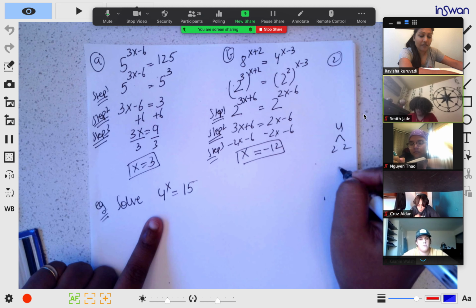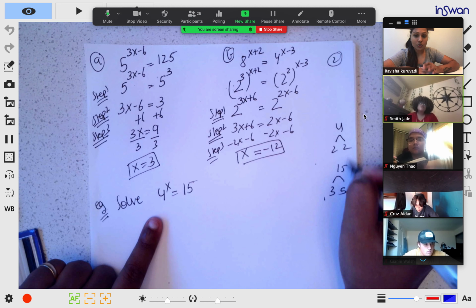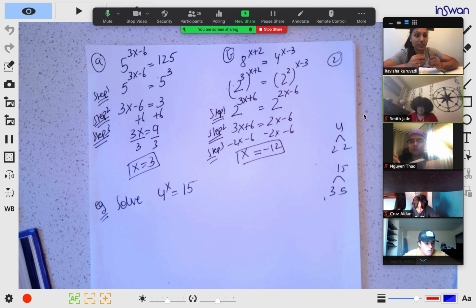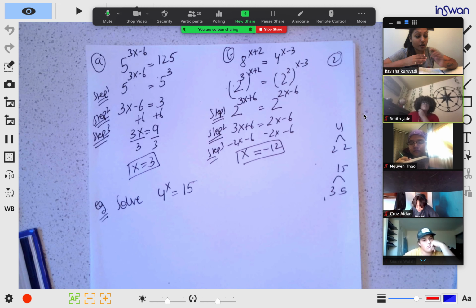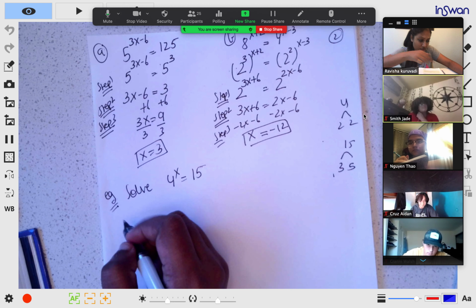They don't have the same factors. You cannot write both of them as something to the power of the same thing. So in this case, you will always first try to make the same base. If you cannot, then you're going to use these things now.